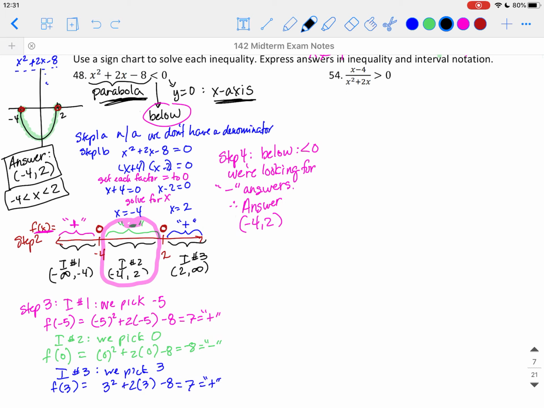And this part is that you want it to be above the x-axis. So for the signs, above the x-axis means that we're looking for positive answers.